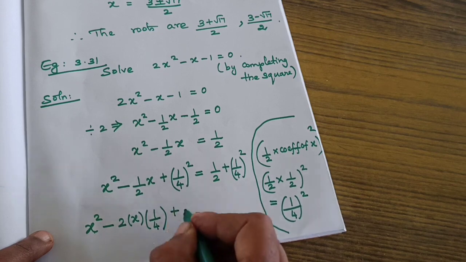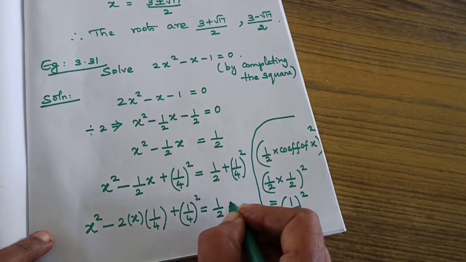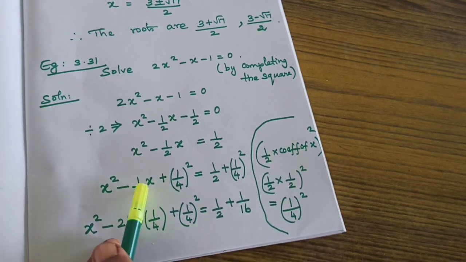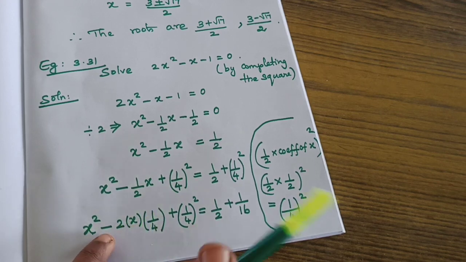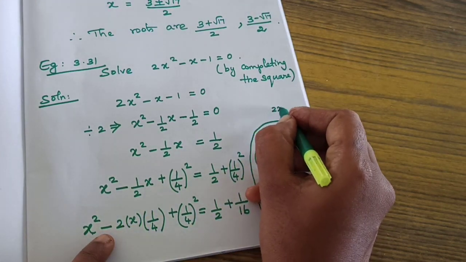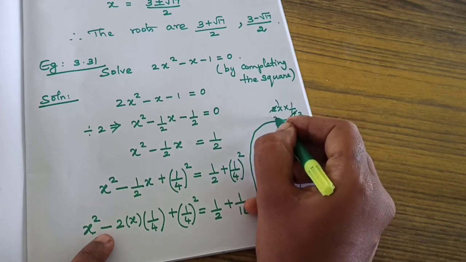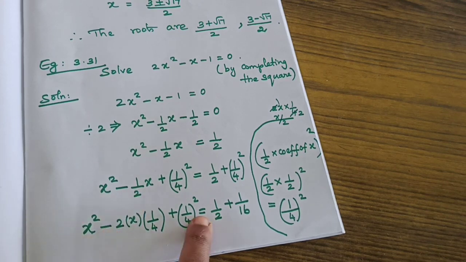And we can check whether we are getting this half x correctly. Okay, 2x into 1 by 4, let's do the rough work. 2x into 1 by 4, what is the answer? 2 and x by 2, 1 by 2x. The correct form we are getting. So this is the correct arrangement.